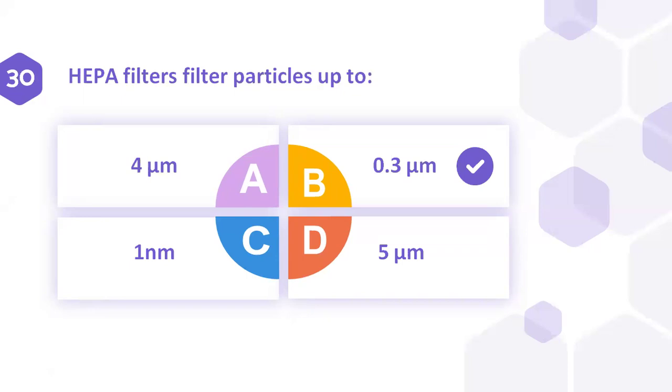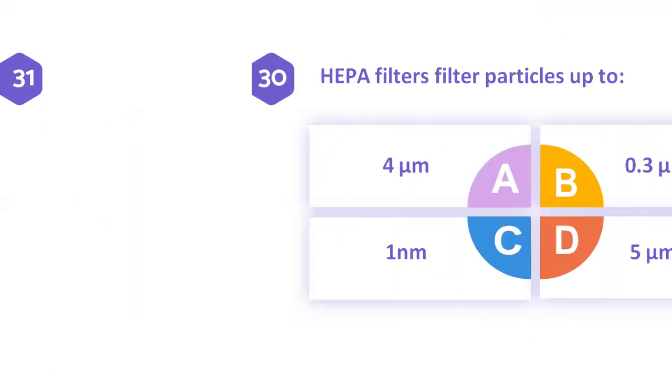Here the right answer is option B, 0.3 micrometers. HEPA filters are fixed in the laminar airflow as well as in some cubicles. They deliver clean, bacteria-free air. So it can filter particles up to 0.3 micrometer.